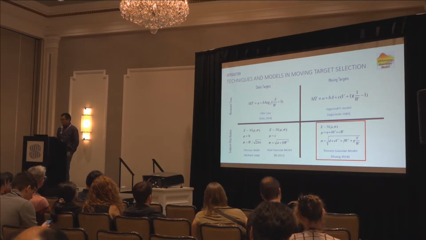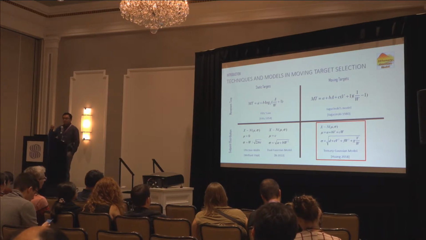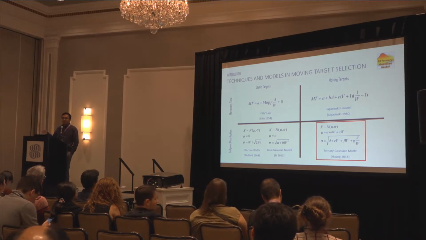So it's different from my previous work with Xiangmin. This work was based on the same authors' previous work proposing a model to predict the endpoint distribution for one-dimensional target selection. In this work, they extend the model from one-dimensional targets to two-dimensional targets.